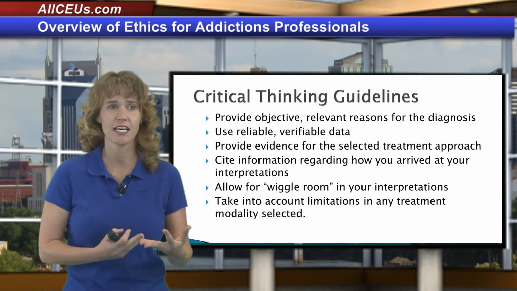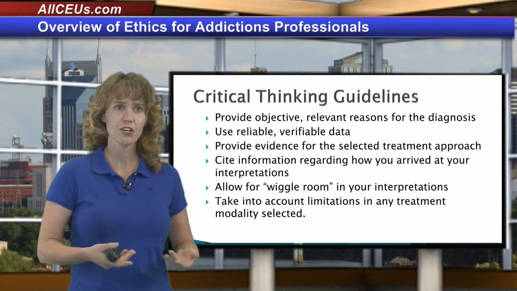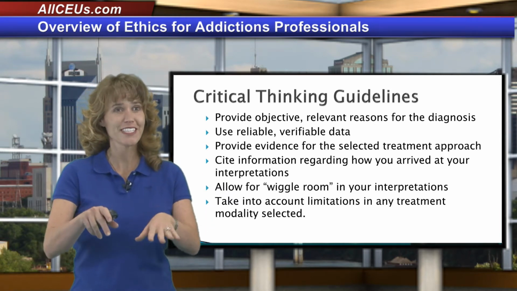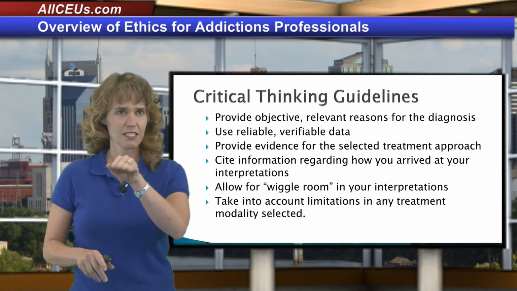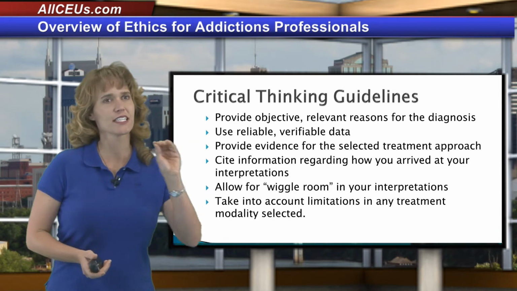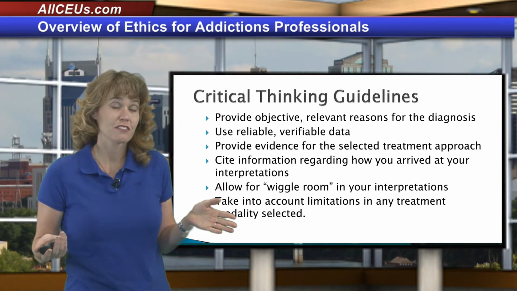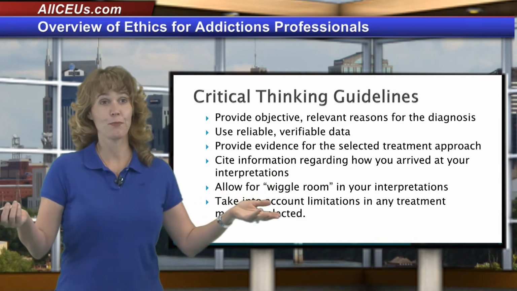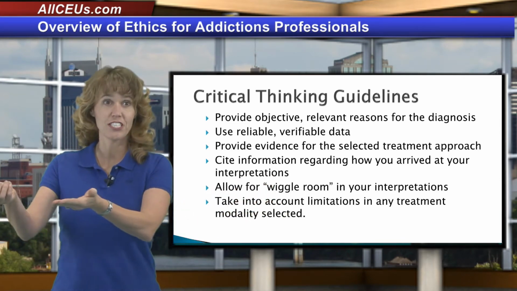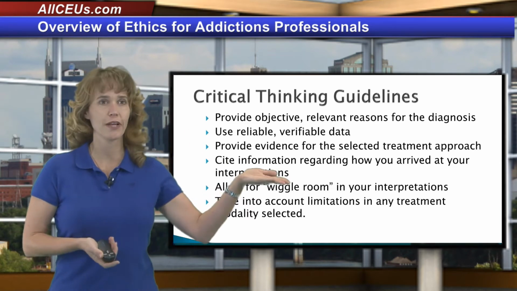So it empowers them. And it also holds you accountable because you've got to sort of put little pins in the timeline going, this is how I got to my conclusion. Sometimes we jump to conclusions. This prevents you from jumping because you've got to articulate exactly how you got from point A to point B.